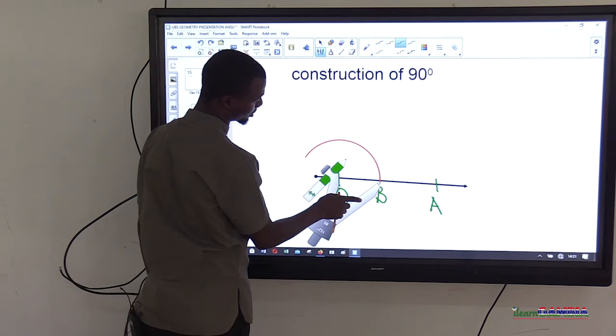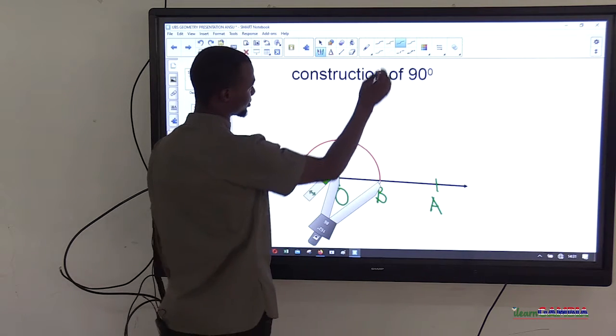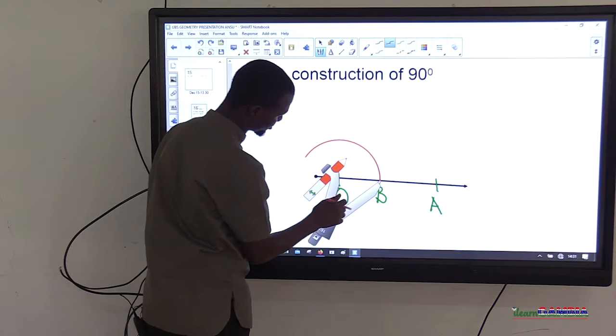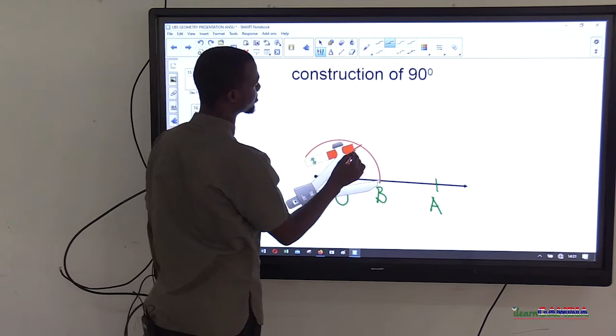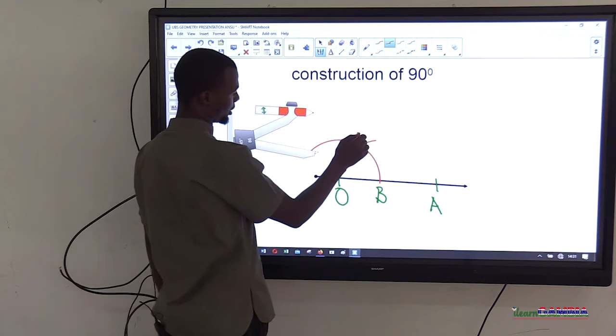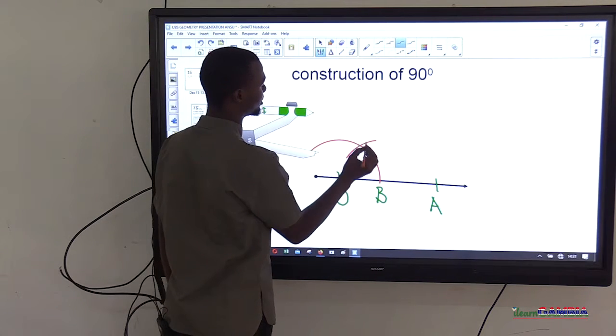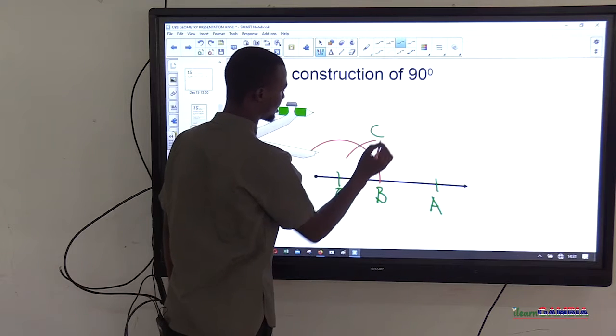We draw an arc cutting the first one at C. That is point C where the arcs intersect.